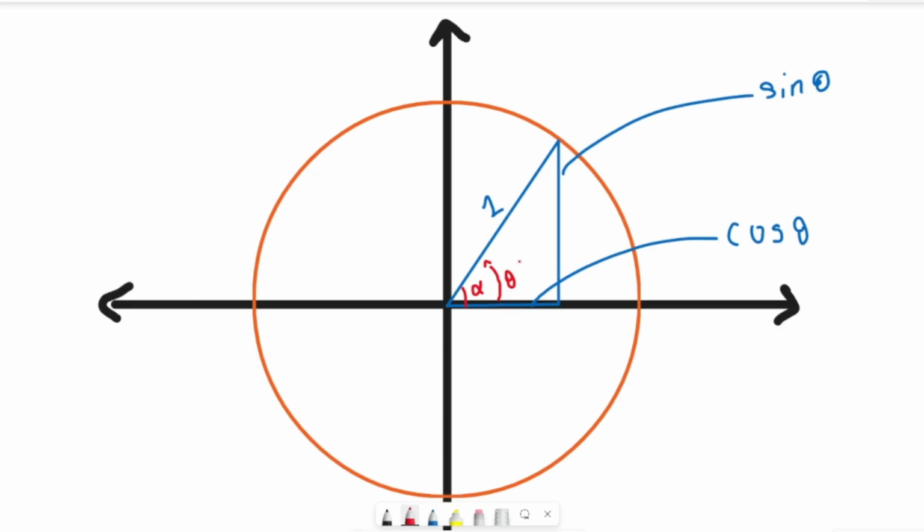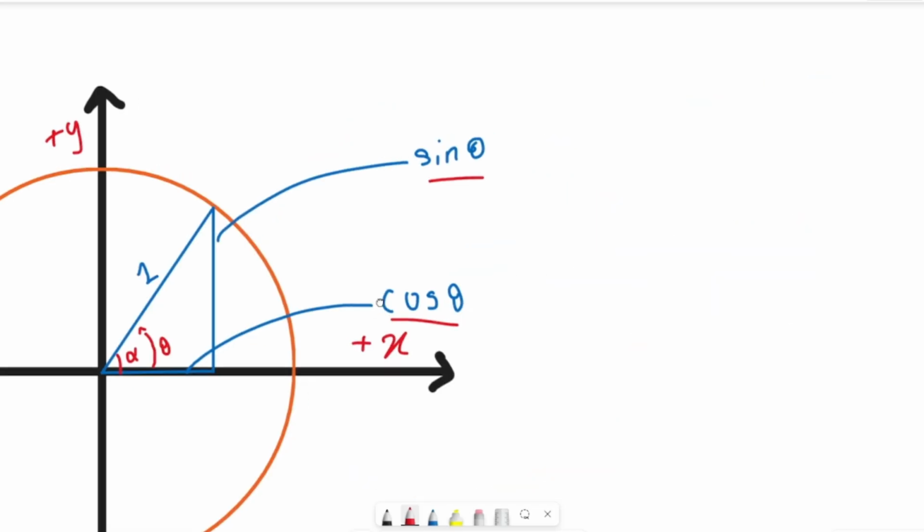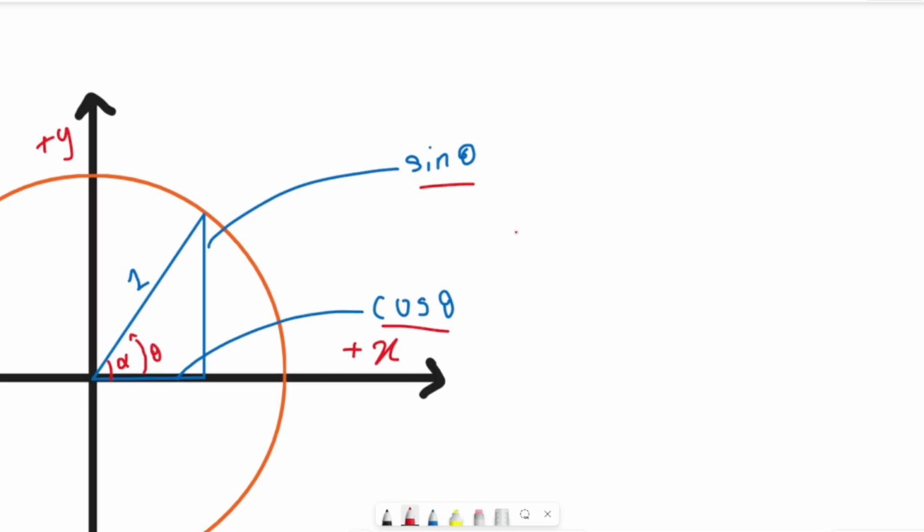So now notice that if this length is sine theta and this length is cosine theta, both of these are on the positive axes. This is on the positive y-axis and this is on the positive x-axis. So I can say that both of these are positive. And since we know that tan theta is sine over cosine, then if I do tan, I don't need to write sine each time.